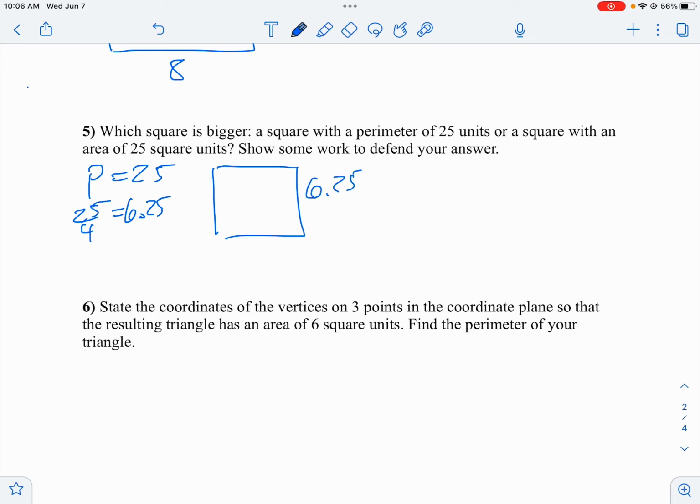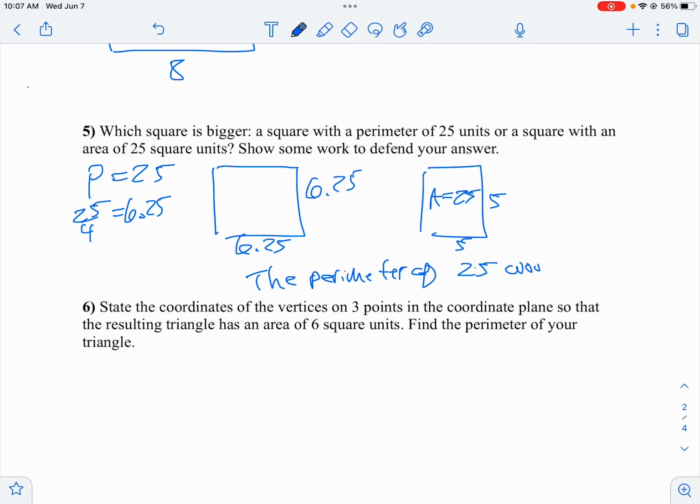So I'd get 6.25 on each side. If I do an area of 25, I know that's length times width. So that would make each side 5. So we can definitely see the perimeter of 25 would be a bigger square.